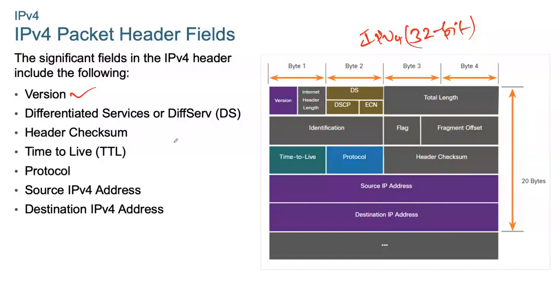Then it will use the differentiated services part of the protocol data unit, and it will use the header checksum to check whether the packets are legitimate or not, to check the header.